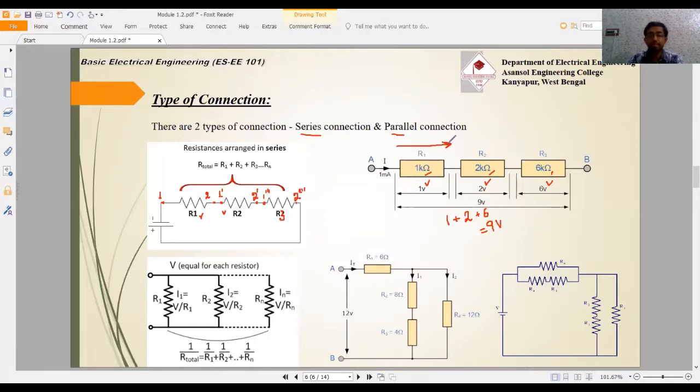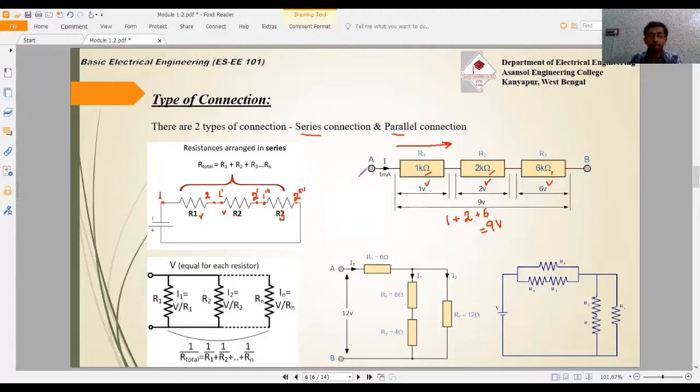So in a series type of connection, the same current will pass through all the elements, and the second part or later part of one element is connected to the first part of the second element. So this type of connection is called a series type of connection.